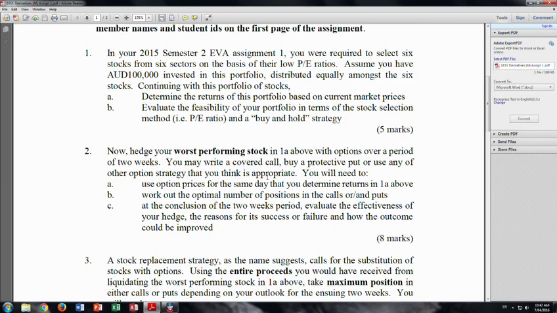Now, with those 6 stocks, assume that you have created a portfolio comprising those 6 stocks, okay? And that you're invested in that portfolio. So the investment will start from sometime last semester, right, when you submit your assignment, okay? So you have to determine the cost at that time, right?